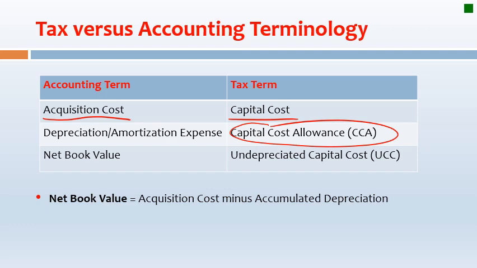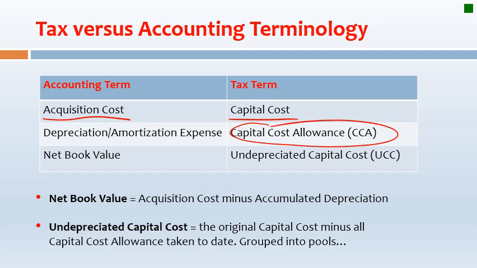So if you're a few years into the life of the asset, you're still going to take a look at what did that asset cost, and then you would deduct any accumulated depreciation taken up to that point to arrive at the net book value. Now, the undepreciated capital cost, or UCC, is very similar in that it's going to be the original capital cost minus any CCA taken to date.